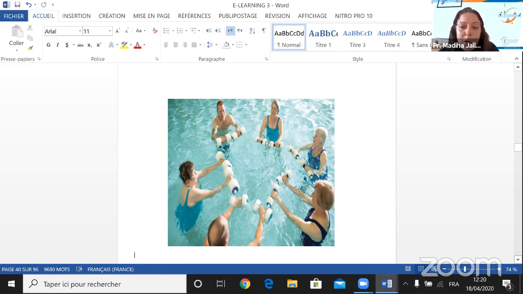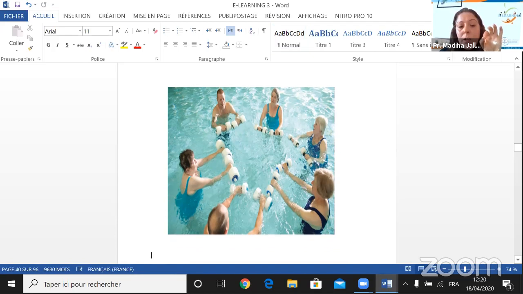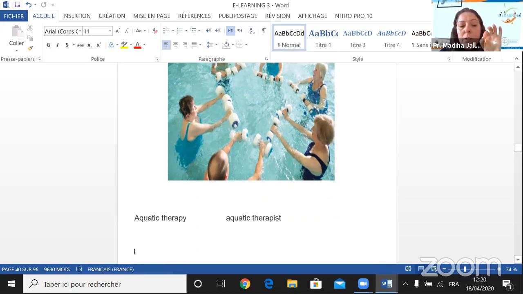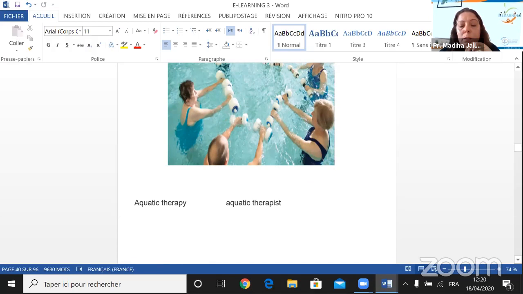They can't be left alone doing any exercises they can do. There must be someone, a therapist, to give them the specific therapy for the specific health problem. So here the person is called an aquatic therapist. Okay, and this is about aquatic therapy or water therapy.